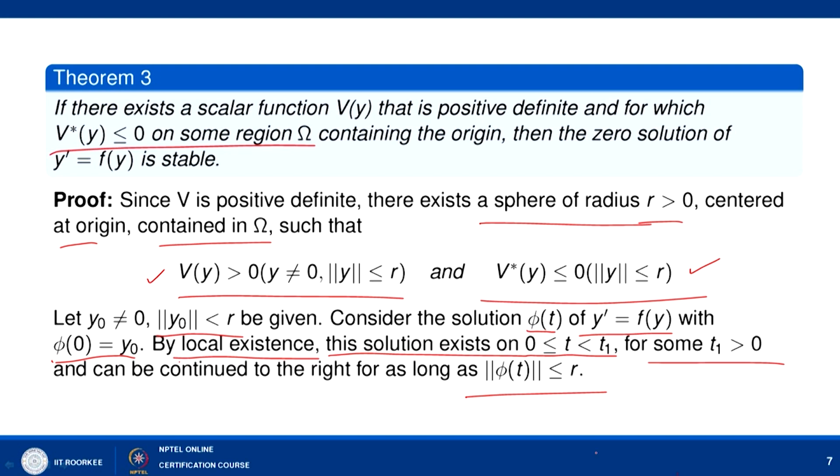So, we keep on applying the same result, and we can say that the solution of y' = f(y) with phi(0) = y naught can be extended to the right of t1 as well, only until norm of phi(t) is less than or equal to r.